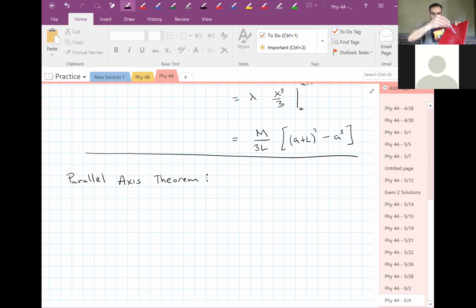Okay, then if I know this one, I can find the rotational inertia for any axis parallel to the one I know.